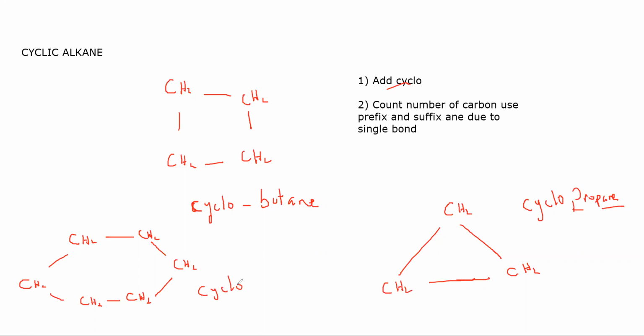And then count 1, 2, 3, 4, 5, 6. For 6 we use hex, so it will become cyclohexane. Is it clear? The cyclic alkanes are very easy to name. Just the term cyclo is used, and the normal way you name alkanes, you will name accordingly.